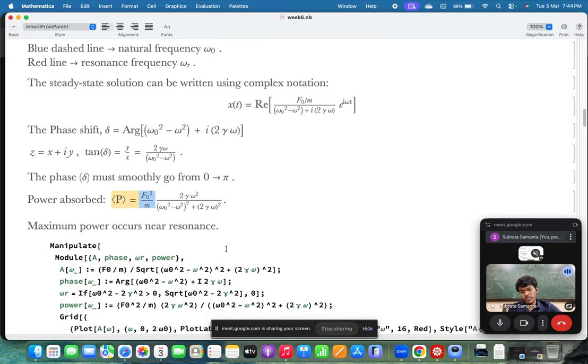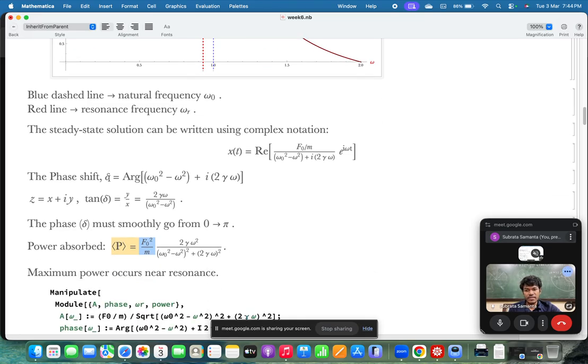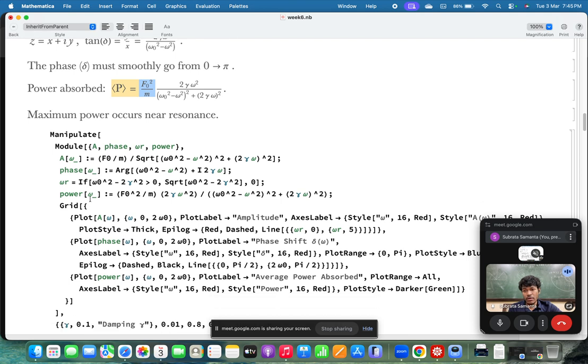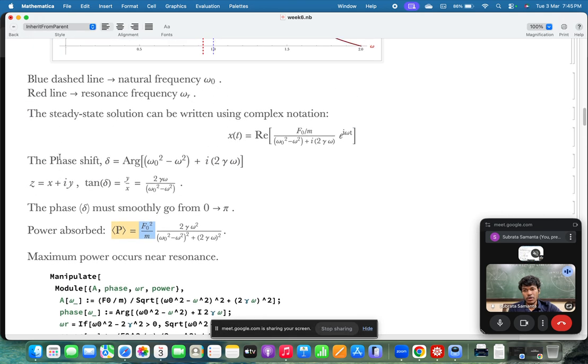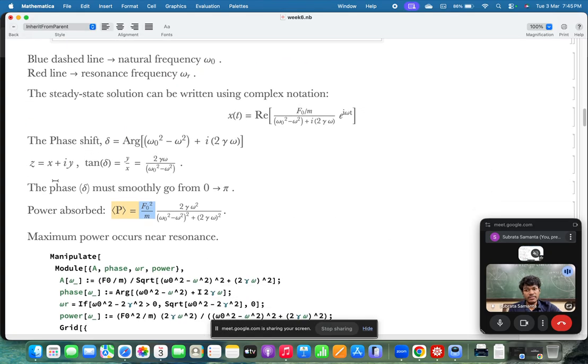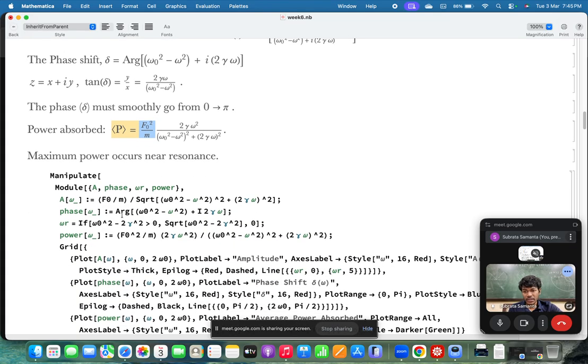Now we can also plot all these things, like the phase shift and the absorbed power, and see how they change with the frequency omega. Here I manipulate the amplitude, the phase shift, and the absorbed power, P average, and omega r.